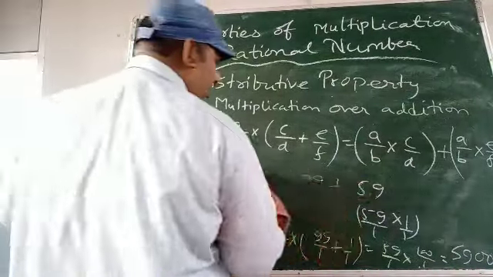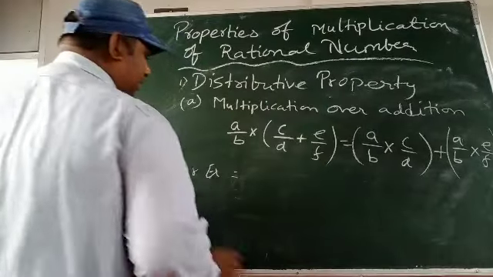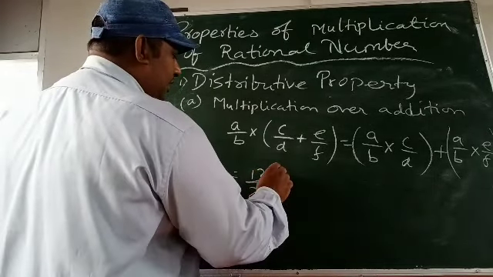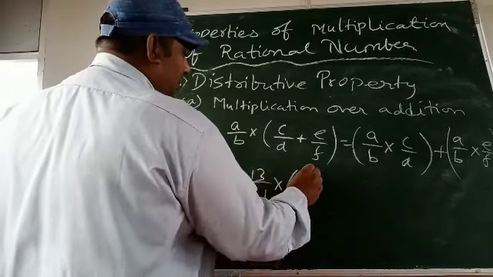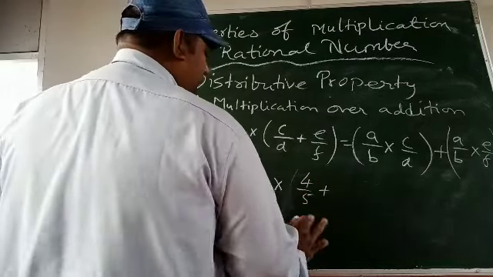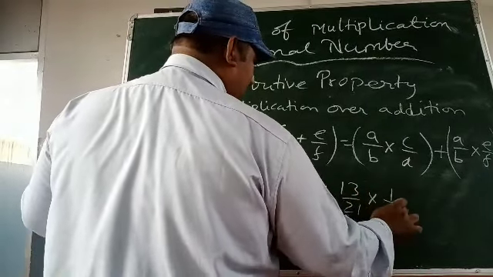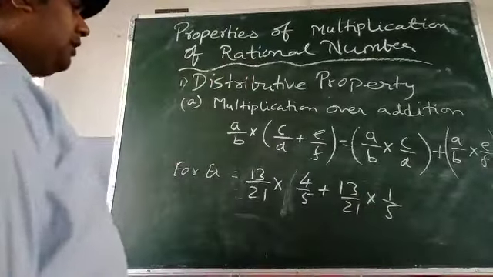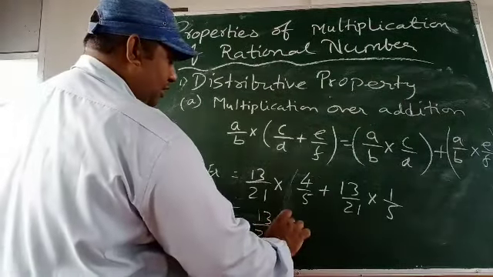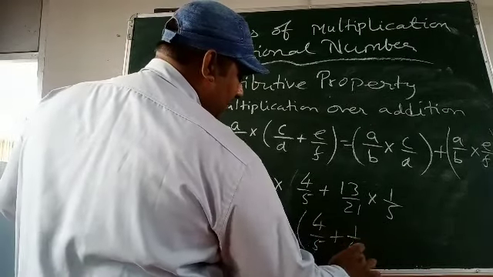Now, if it is given in the form of rational numbers, how will we complete it? Suppose it is given that 13 by 21 into 4 by 5 plus 13 by 21 into 1 by 5. We have two terms. We first take 13 by 21 common, into 4 by 5 plus 1 by 5.